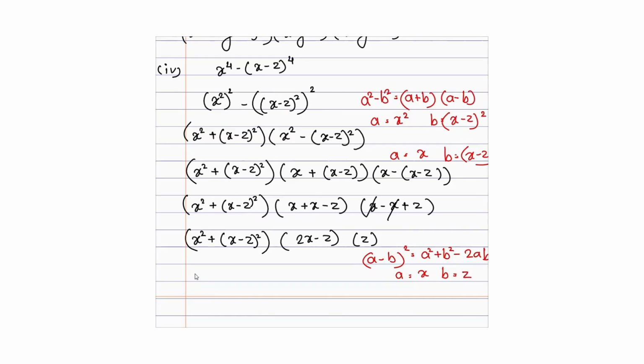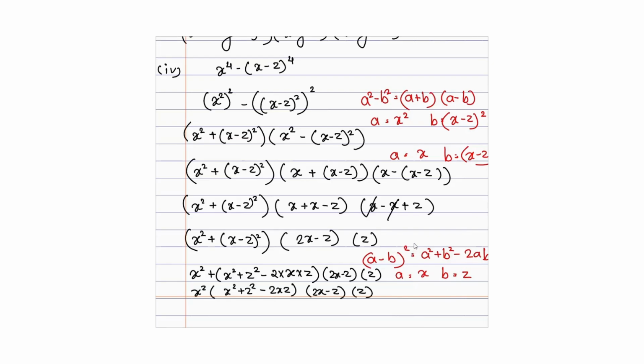So this will be x square plus z square minus 2 into a, that is x, into b, that is z. This will remain (2x minus z) as it is, and this z will remain as it is. So x square plus z square minus 2xz, (2x minus z), right? And this will be only z. And this is how this question will get solved.